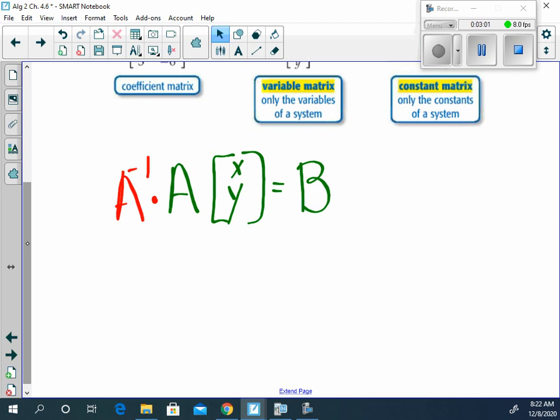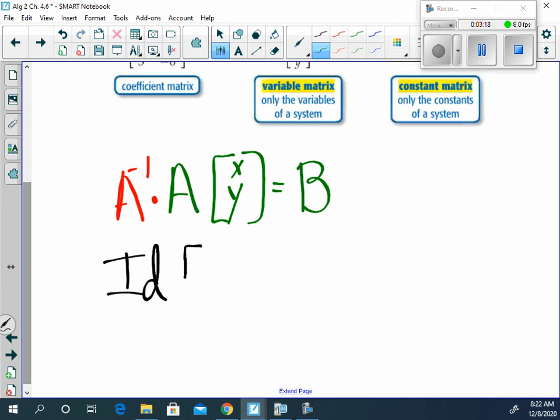Because the only way that we know that two matrices are inverses of each other is if their product is what? 1, 0, 0, 1, which we called the identity matrix. Because if I end up with the identity matrix, then they are inverses, yes?